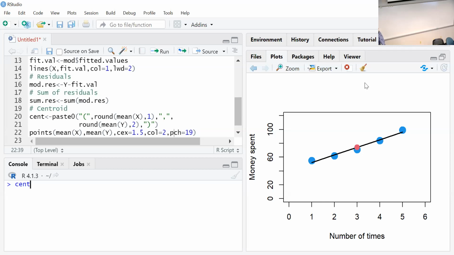The centroid falls on the regression line. In other words, the regression line passes through the centroid. So when you plug in 3, you have to get 74.2 from the theoretical model. If you don't get it, then you made a mistake somewhere.